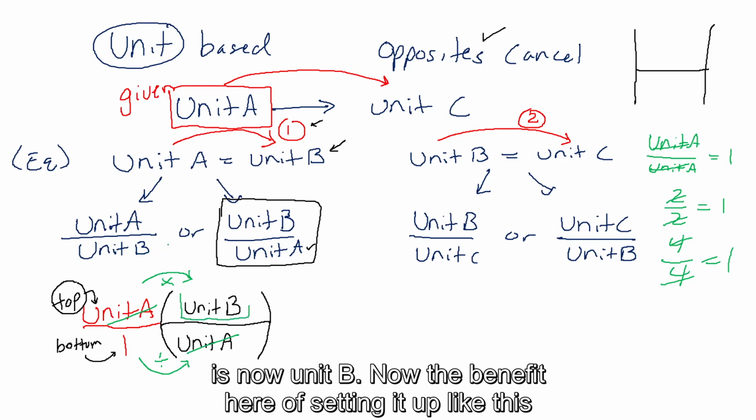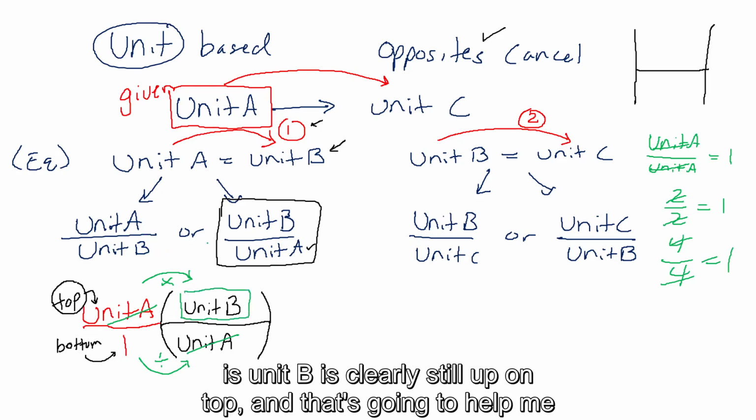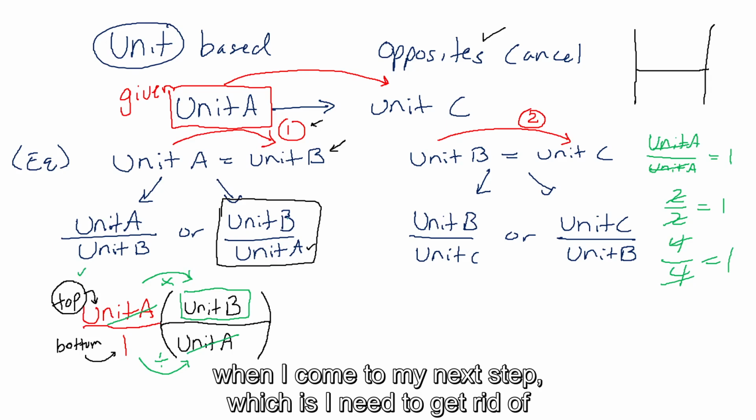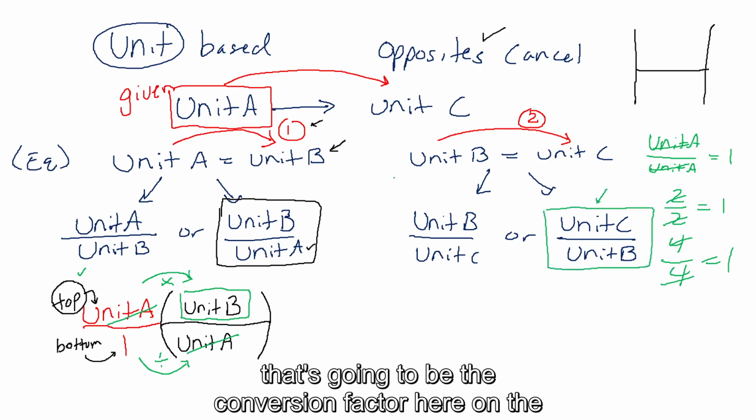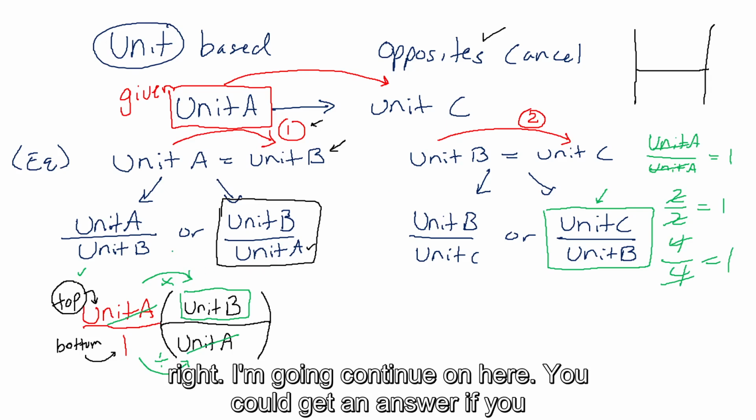Now the benefit here of setting it up like this is unit B is clearly still up on top. And that's going to help me when I come to my next step, which is I need to get rid of unit B. So I need to put it in the opposite location. And that's going to be the conversion factor here on the right. I'm going to continue on here.